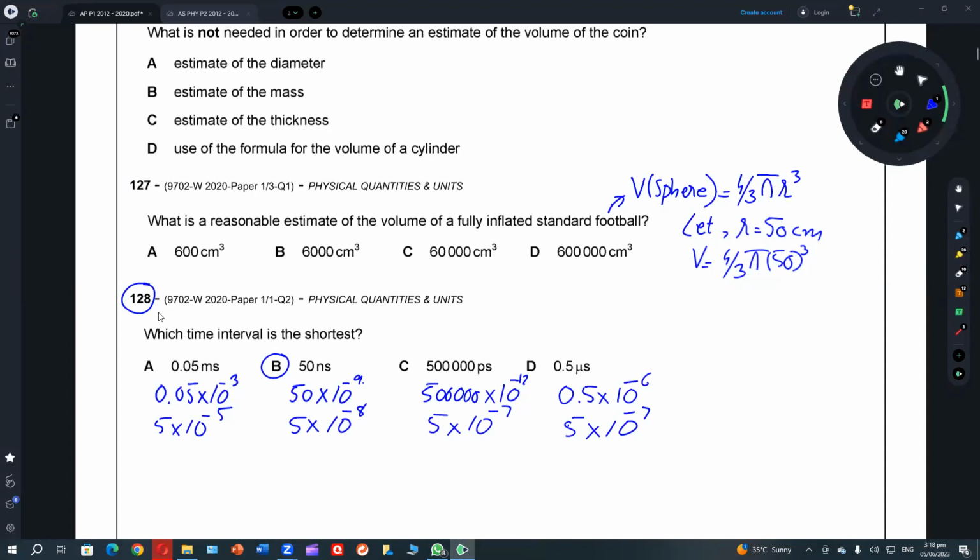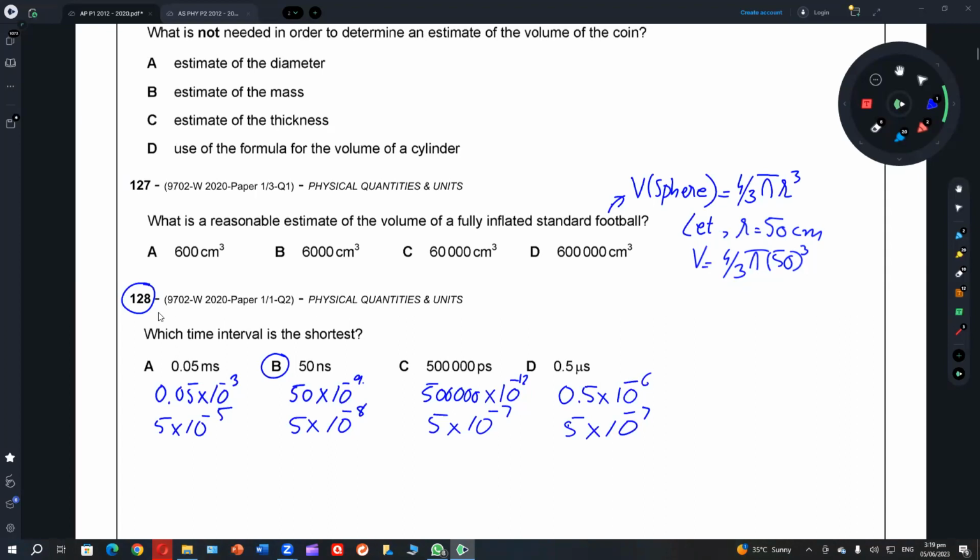If I put 50, how much do I get? 5.3 into 10 to the power 5. Still, it's too big.